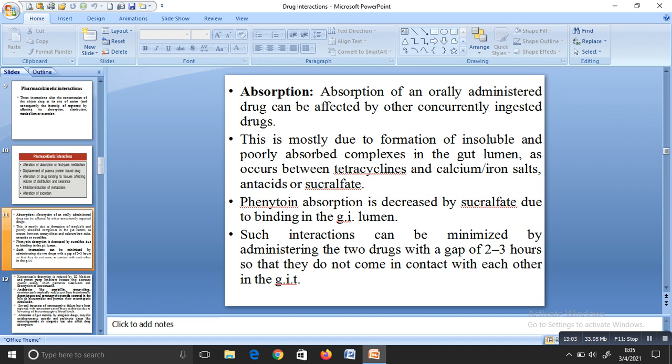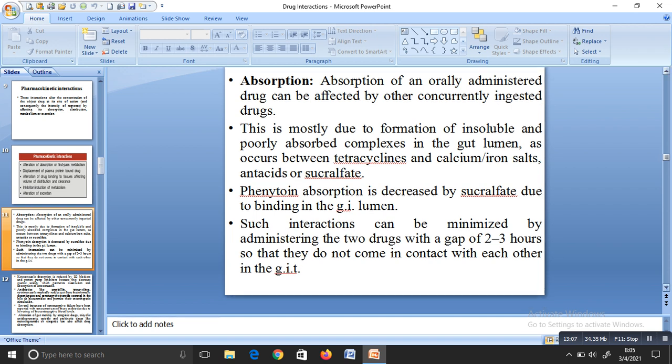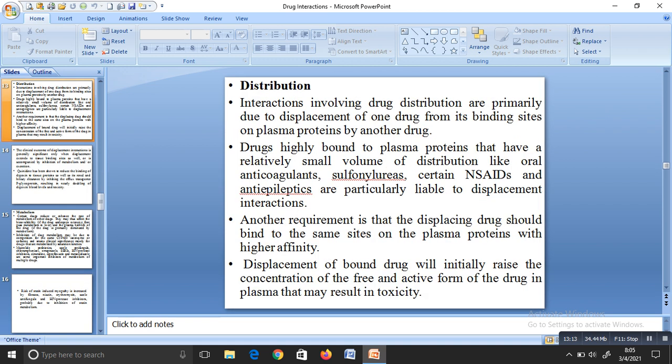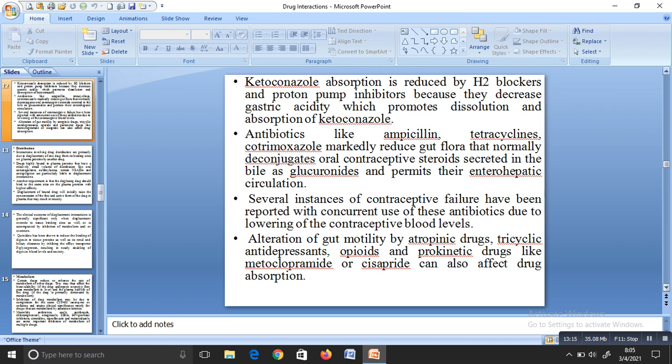Similarly, we have some more examples of drug interaction which occurs due to alteration in drug absorption. One is ketoconazole. Its absorption will be reduced by H2 blockers and proton pump inhibitors. These are anti-ulcer drugs.